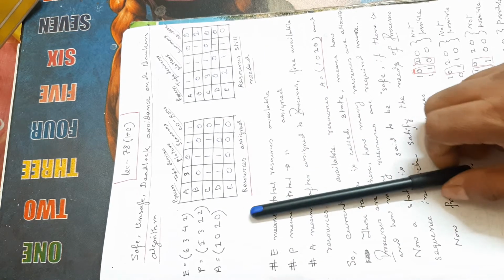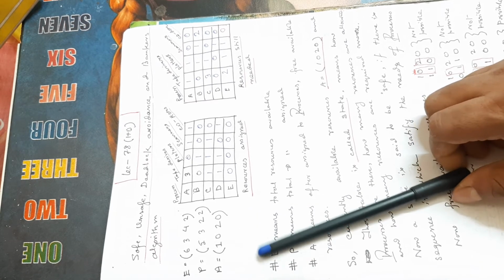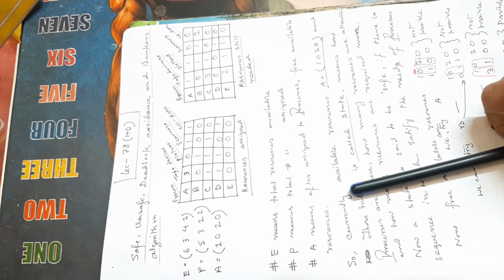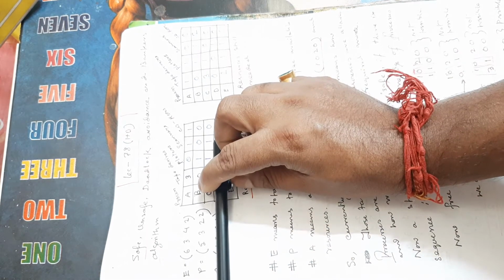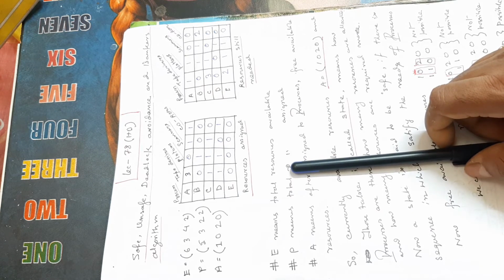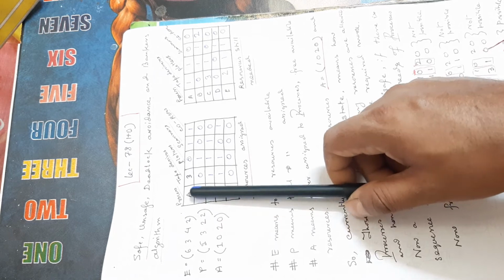Now the A here defines how many resources are available right now. It can be calculated because maybe it is not given in the examination. Sometimes in the examination these two will be given.